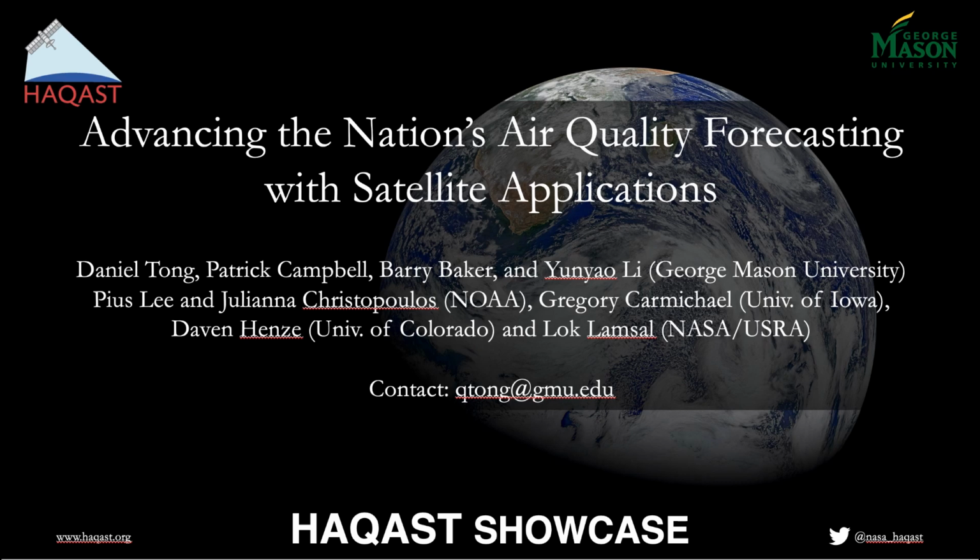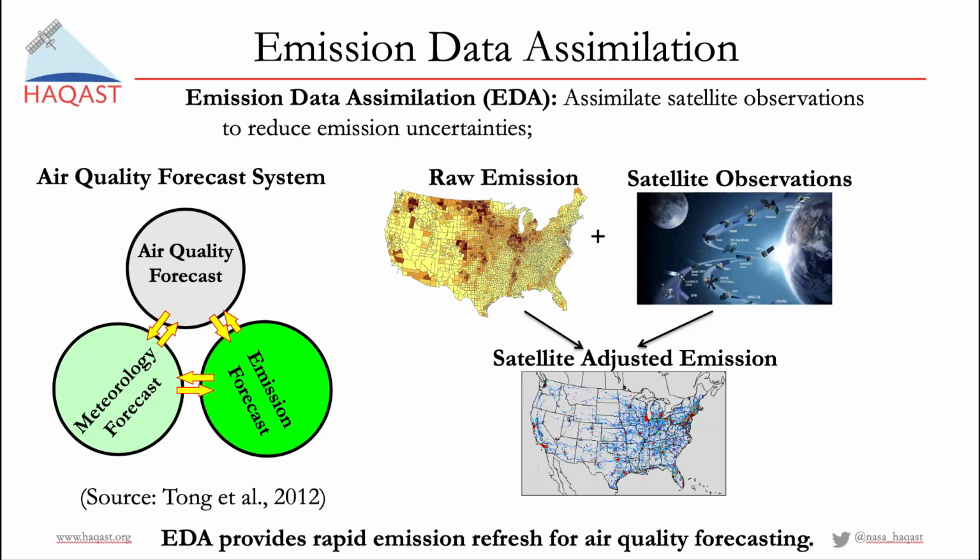As a member of the NASA Health and Air Quality Applied Science team, our work focuses on advancing the nation's air quality forecasting with satellite applications. Air quality forecasting is widely used to help local forecasters to determine the air quality conditions of tomorrow and even the day after tomorrow.